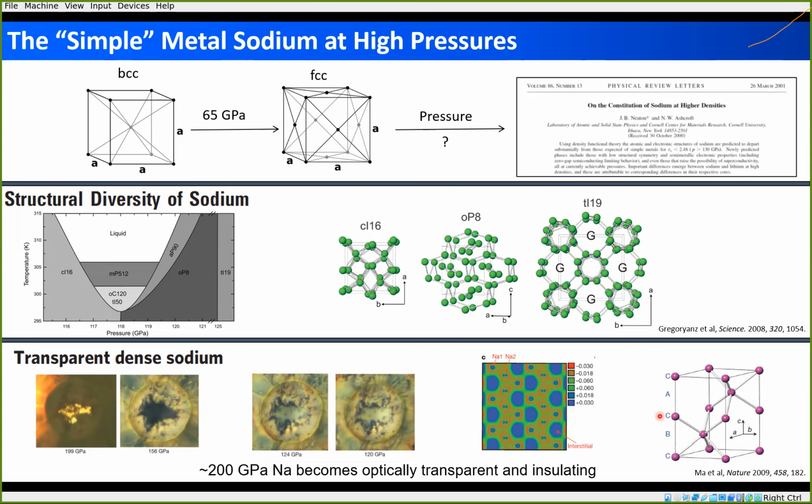And crystal structure prediction searches done by Yaming Ma and collaborators found this sodium HP4 phase as being stable at these pressures, with a high degree of localization of the valence electrons in interstitial sites in this system, which was also key for the fact that it becomes an insulator.